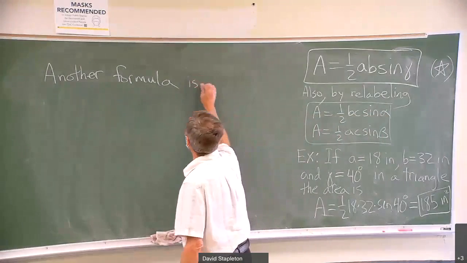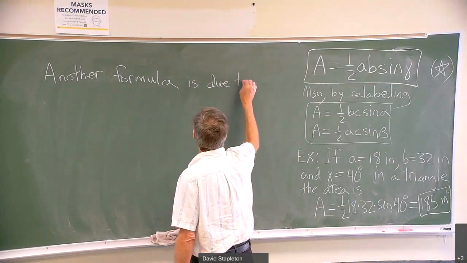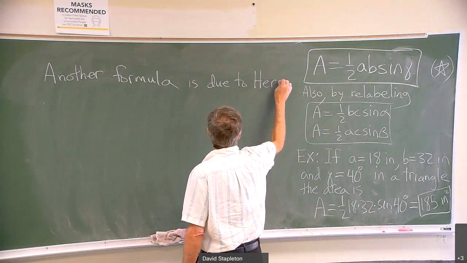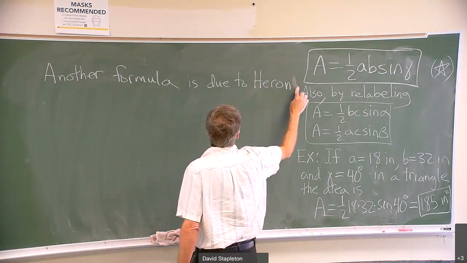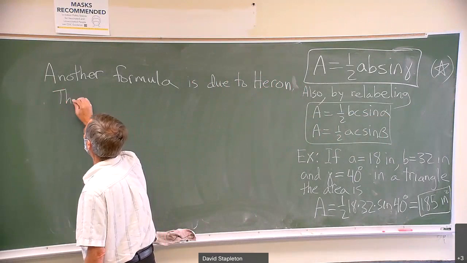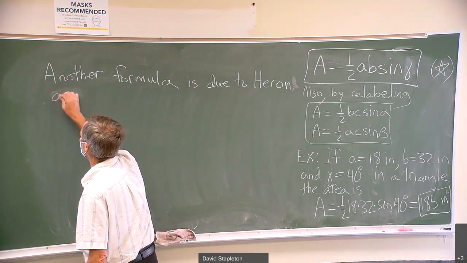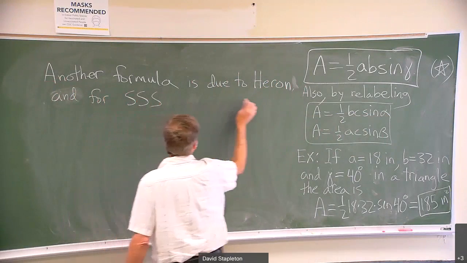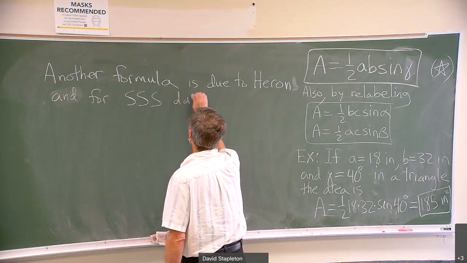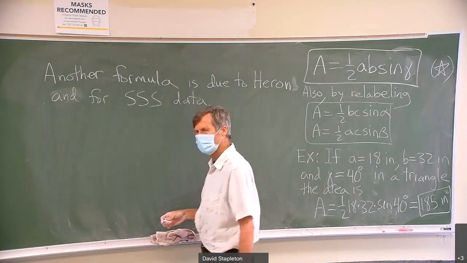So another formula is due to the ancient Greek Heron. And it's this theorem. Maybe I should say, and it's for side data given. You're given all three sides. Anybody own a farm, right?